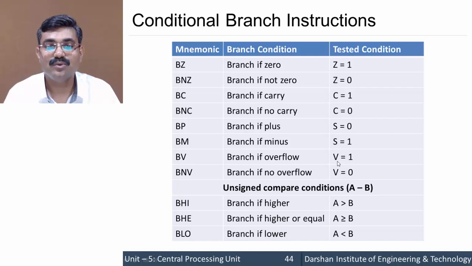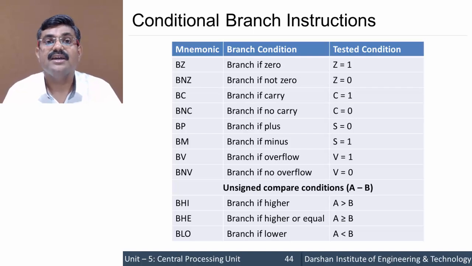So if V is set to 1, then in case of BV we need to branch. If V is set to 0, then in case of BNV we need to branch. So these are the 8 conditional instructions based on the status bits we have discussed earlier.